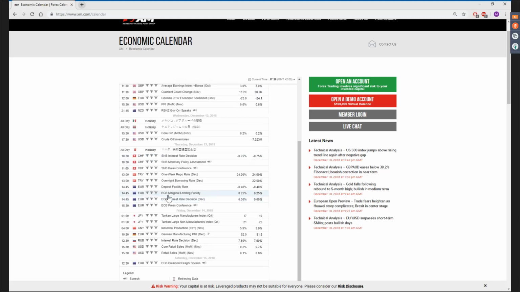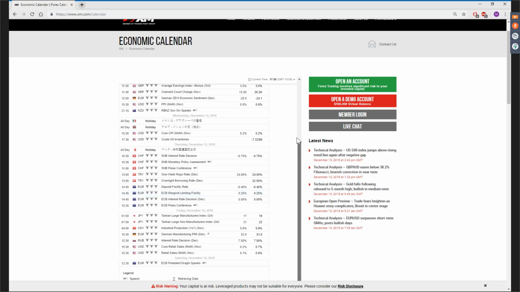The next big ones are the Swiss franc interest rate decision, the euro interest rate decision, the ECB press conference, and ECB President Draghi speaks on the Saturday. So you could look and see how the market reacts at the time of these events to build a little bit more experience about what can happen during these events.